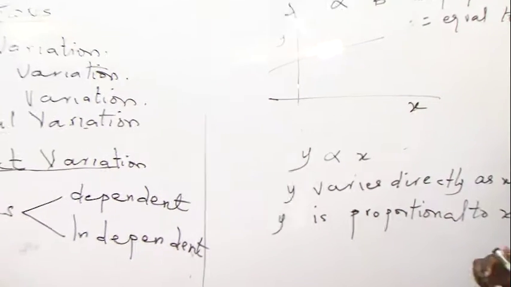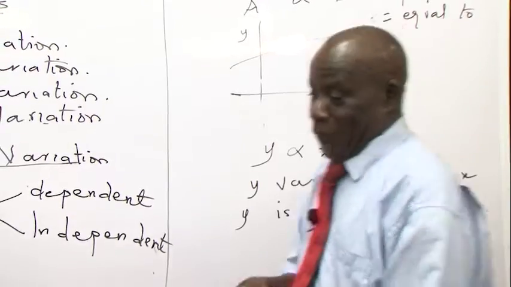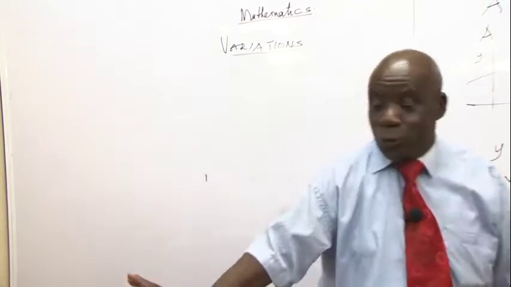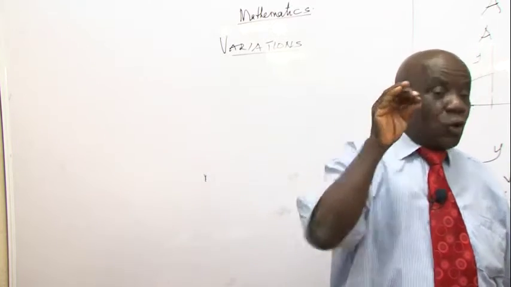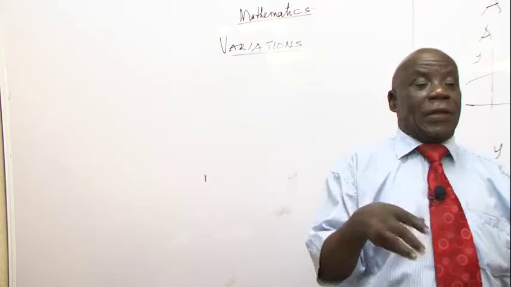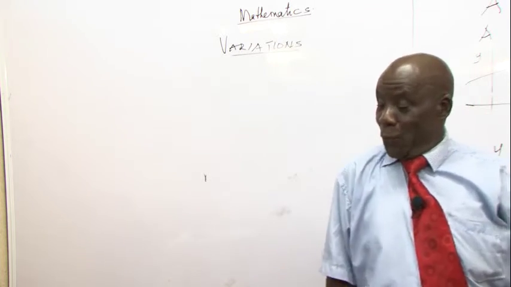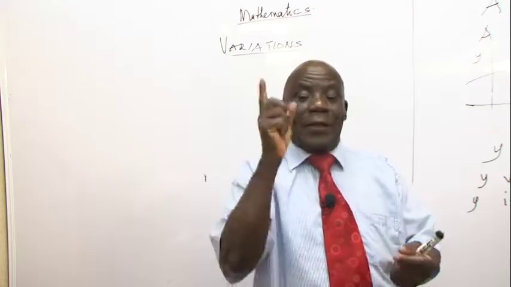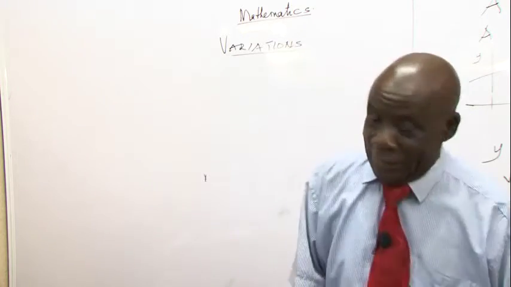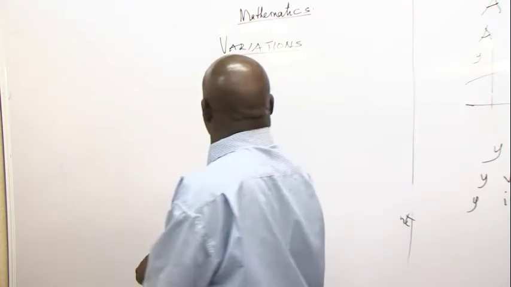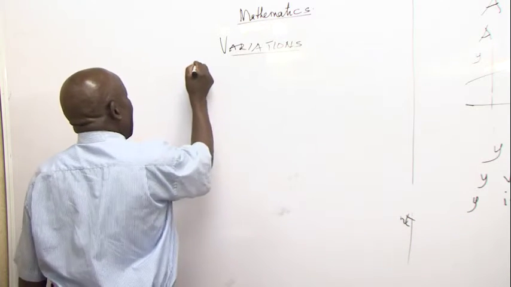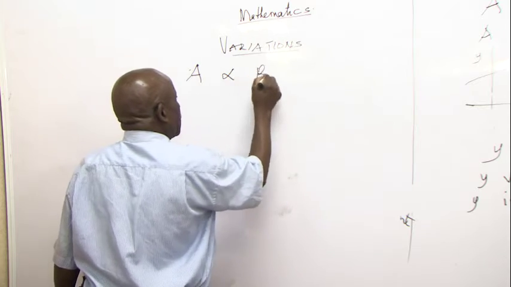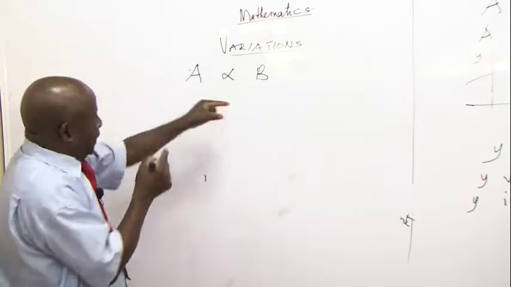Now let's look at direct variation. After introducing all the variations, I will go to the textbook, because I want to assure you that by the end of the lesson you will be able to handle any of the variations, either direct, inverse, joint or partial. Look at this. If you see something, they may not write anything, they just write it like this.